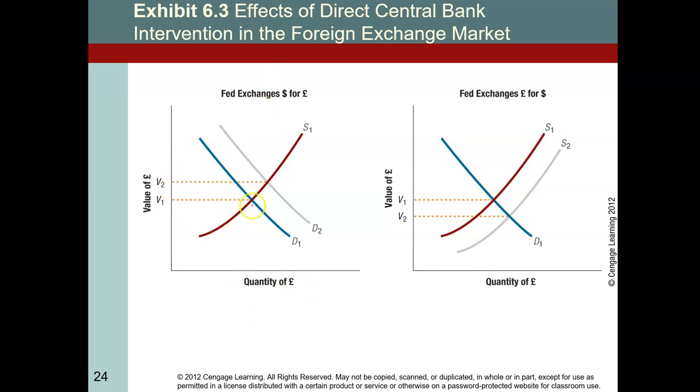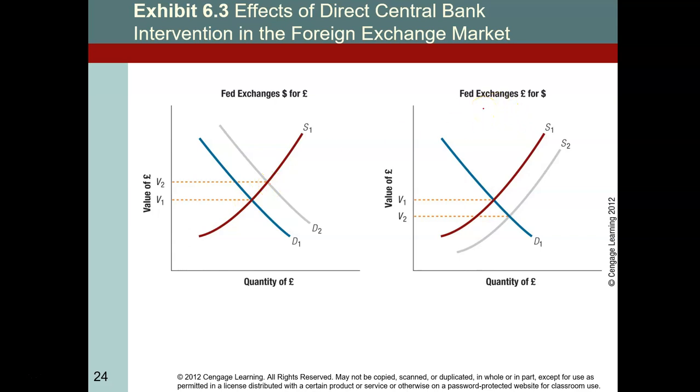In the first graph, the Fed exchanges dollars for pounds. So the demand for pounds goes up from this blue line D1 to gray line D2, while the supply of pounds does not change. As a result, the value of the pound would go up when the demand goes up.